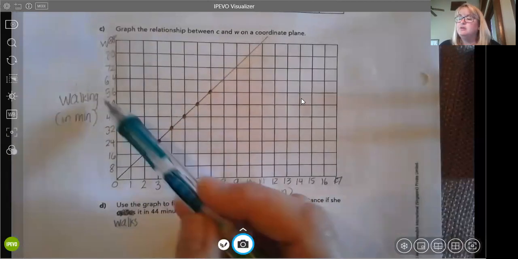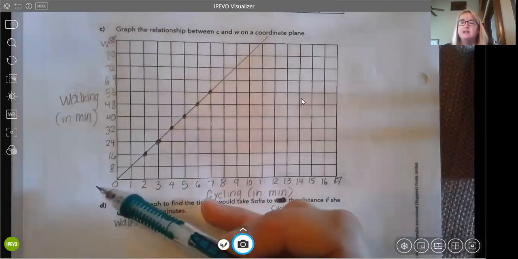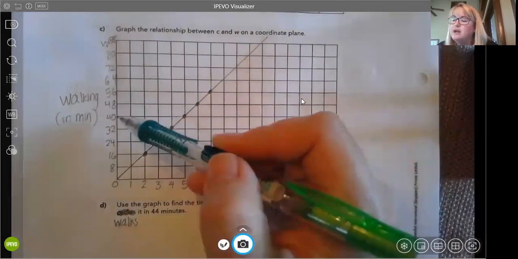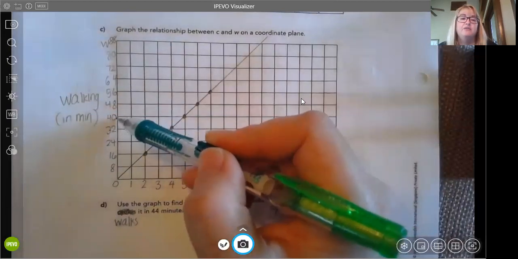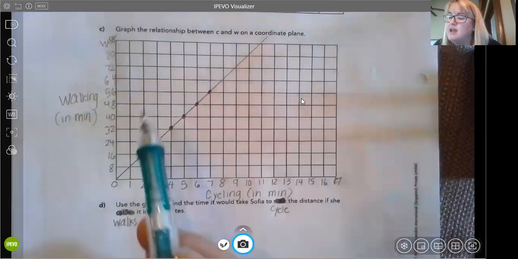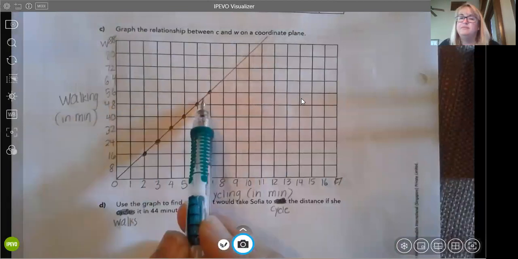So we need to go to the walking and find 44. Well, 44 is not labeled, but it is part of our graph. 44 comes between 40 and 48. In fact, 44 is right in the middle. So we're going to go right in the middle all the way to our line.